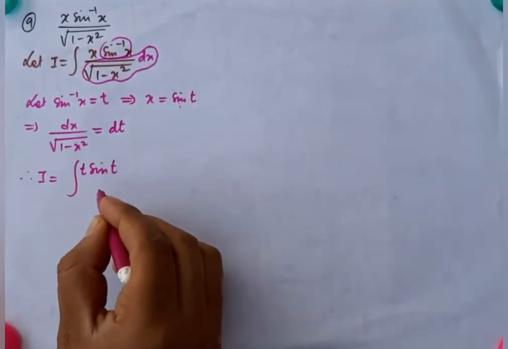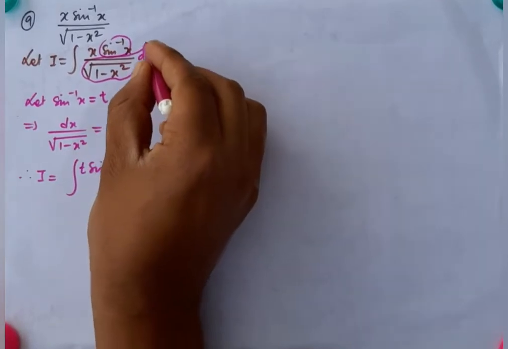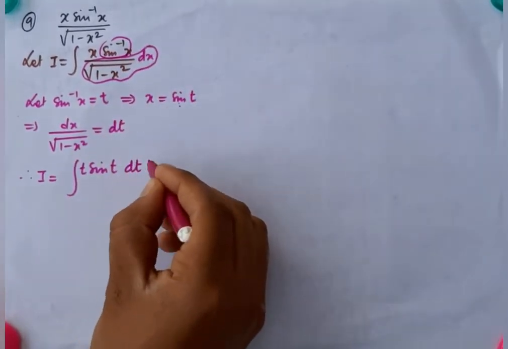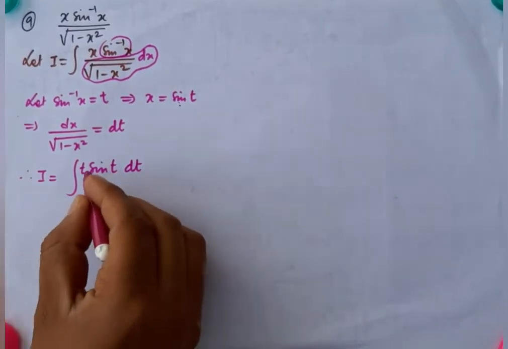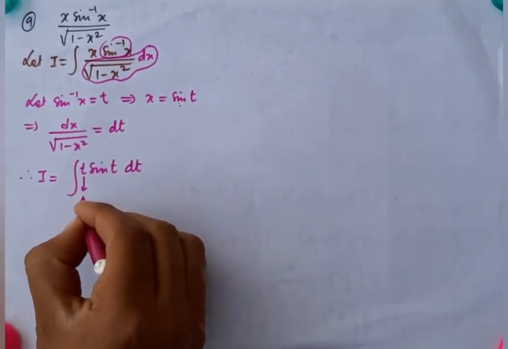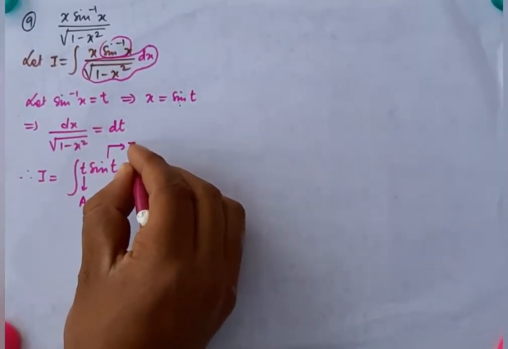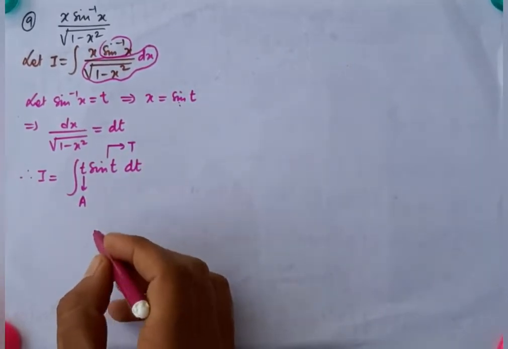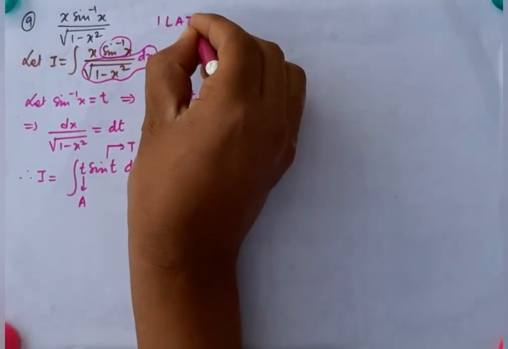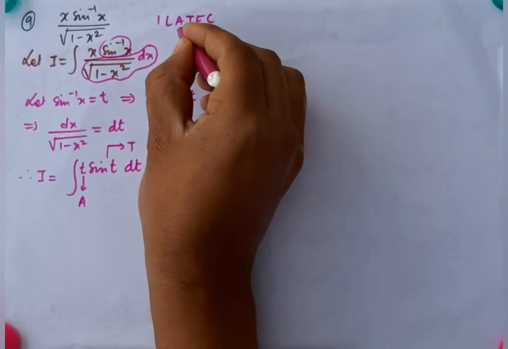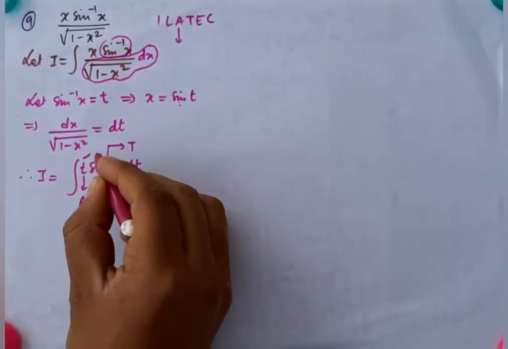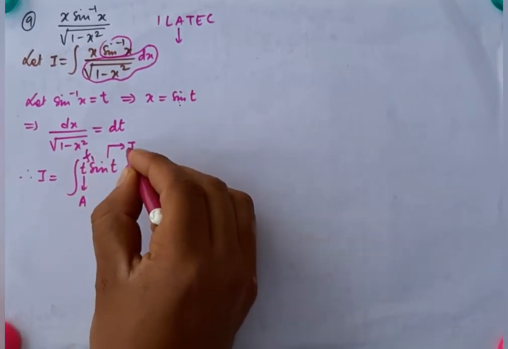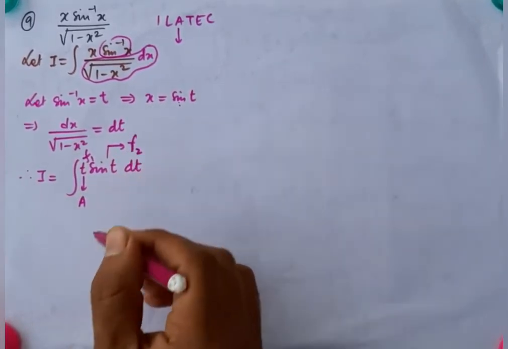So this t can be written in front, and this whole thing can be written as dt, isn't it? Now this is my algebraic function, this is my trigonometric function. Which one is coming first? We see that the algebraic function is coming first, so that's why this will be treated as f1, and this is going to be my f2.